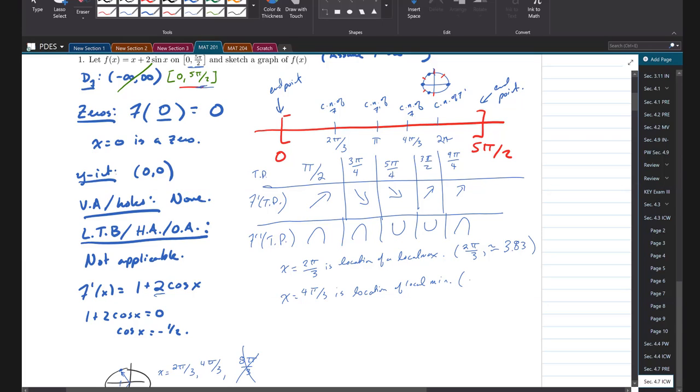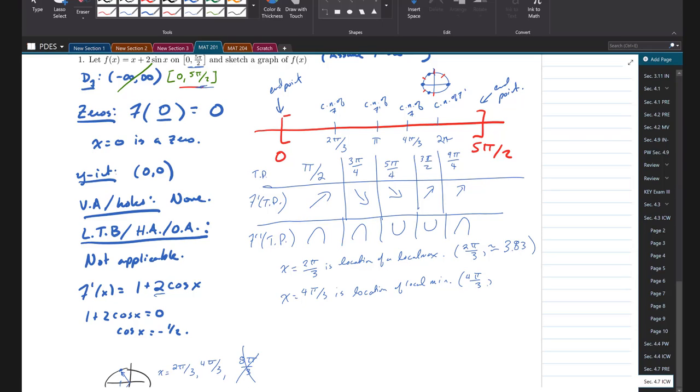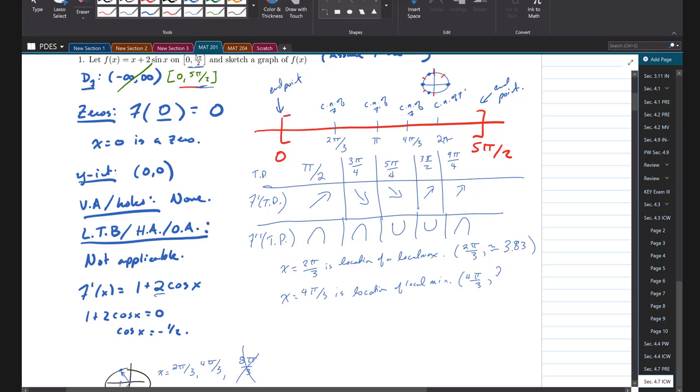And so if you were to plug that into a calculator, we get, just for a decimal approximation, because you get the exact answer, but it's a little bit hard to interpret that. If I plug in 4 pi over 3, I get 2.46. By the way, folks, when I was talking about how to reason that there was only one zero, that argument right there would help you get there.